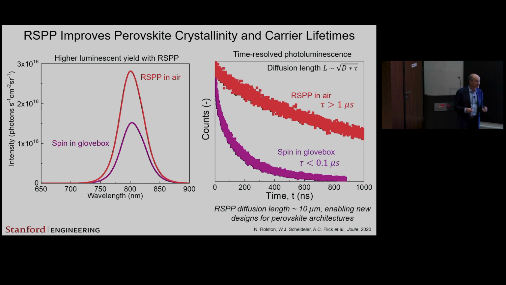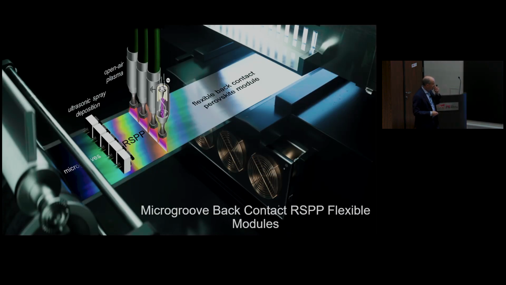And that got us really excited because, unfortunately, the diffusion distances for perovskite, unlike silicon, are actually quite small. So that's why we typically have to make planar cells with transport layers on each side and not full back contact layers. But if you can make the perovskite have much longer carrier lifetimes, then you have the opportunity of actually making an all back contact cell. So that's something we've been doing.